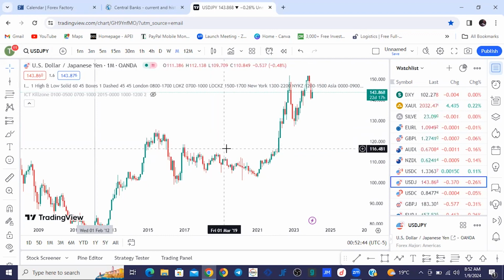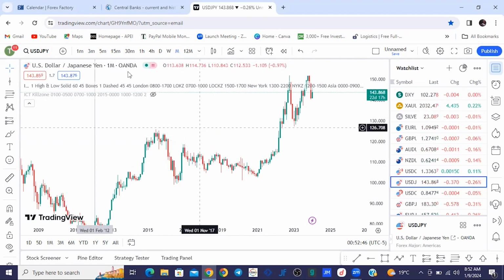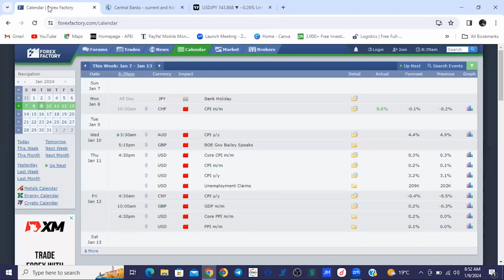Before we wind up, let me share the Forex Factory. This is the Forex Factory, like you can see, and this is where you look at the different economic events that we are anticipating. This week we are anticipating the CPI data from various countries.